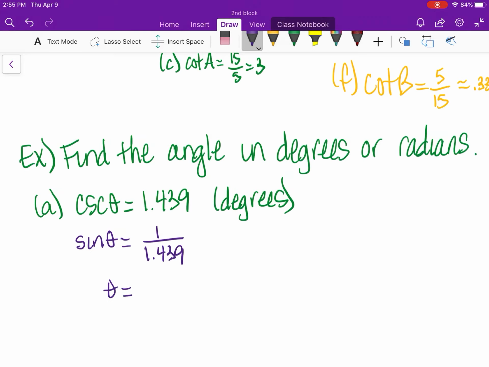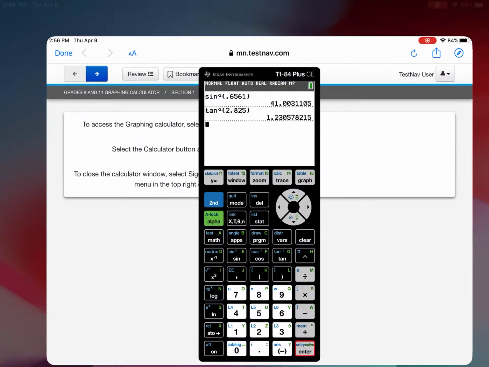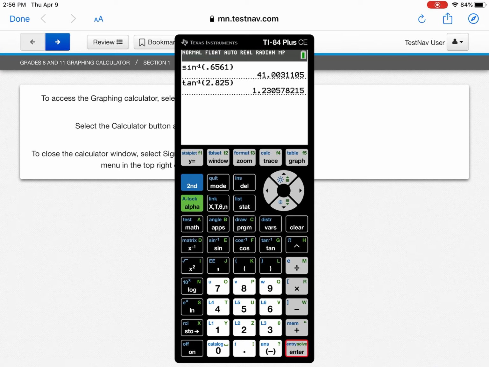And so what I put in my calculator is going to be the inverse sine of 1 over 1.439. Now, the reason I'm doing that, if you look at your calculator, I have a sine, a cosine, and a tangent button, but I don't have those reciprocal functions.